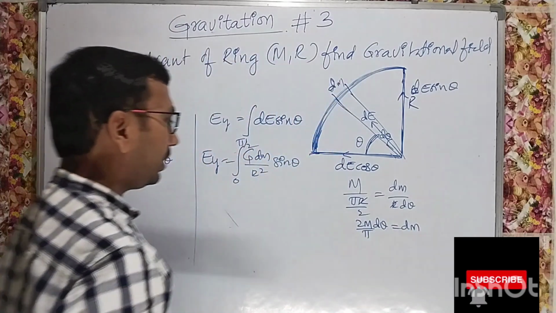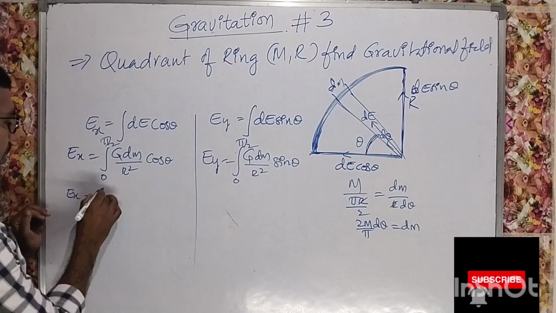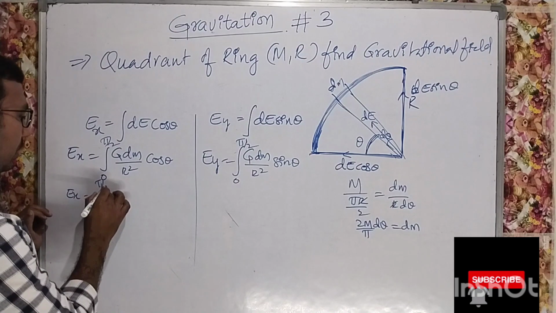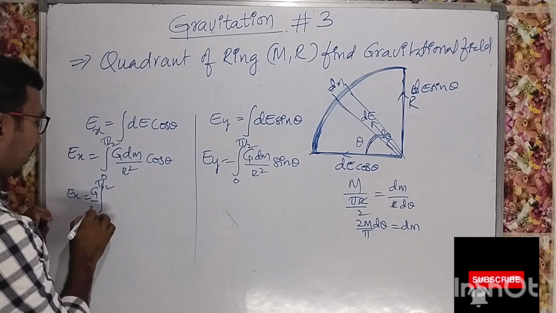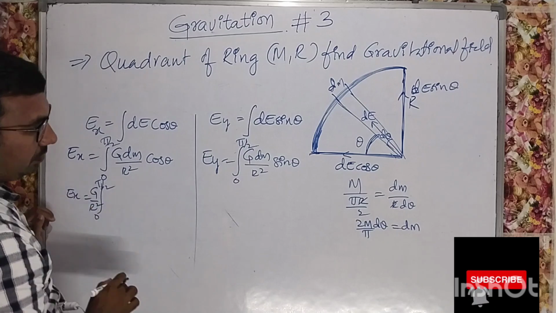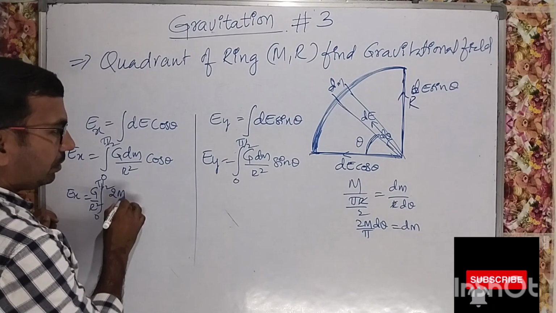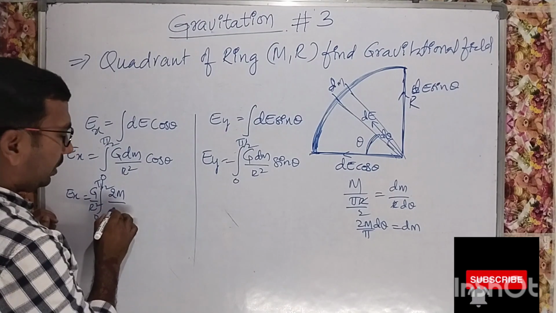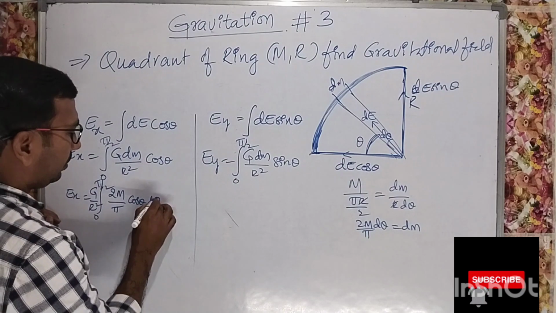So in place of dm, substitute. Ex is equal to integration from 0 to pi by 2, where G by r square is common, of 2M by pi cos theta d theta.